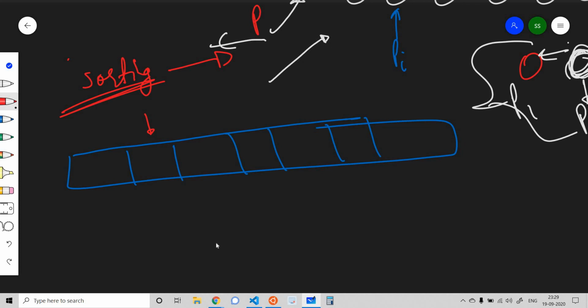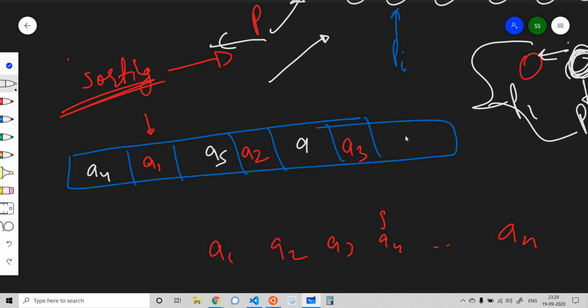That is, suppose my array after sorting is a1, a2, a3, a4 till an. I kept placing a1 here, then I skipped one index, and then a2 here, a3 here. So I'm placing them in increasing order of their values. And if I have reached the end of my array, then I start again and place the remaining elements. Let's say this is the way I can place them.